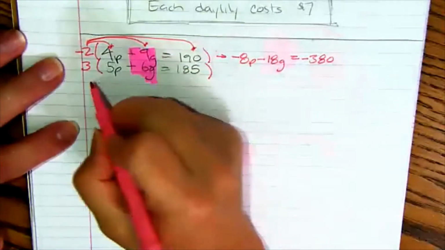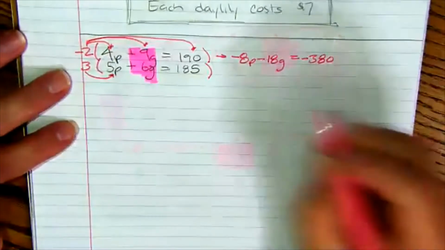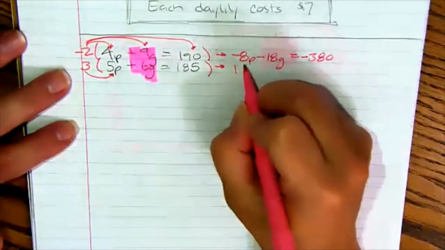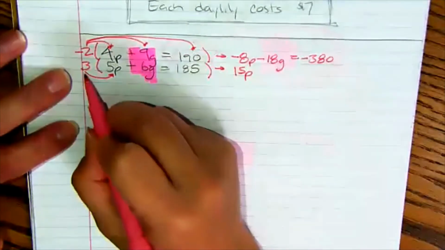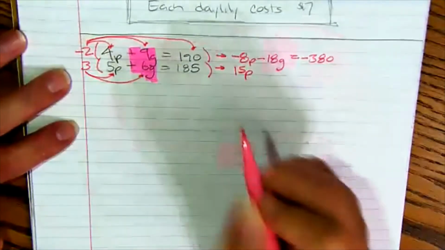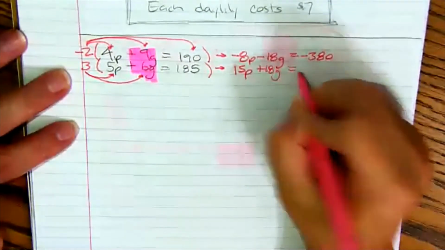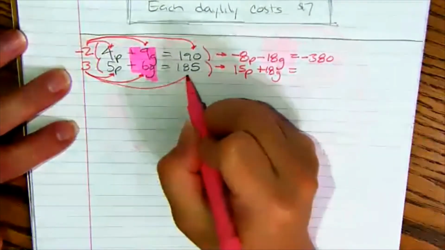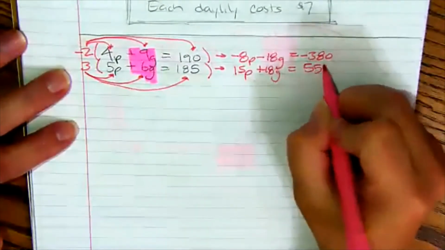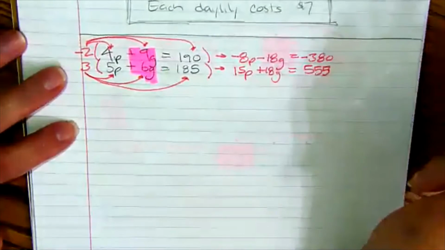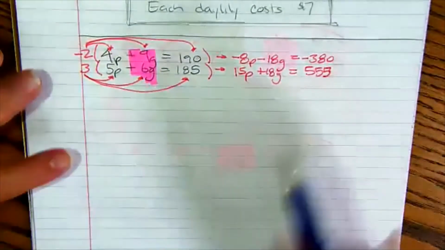Now let's do our bottom equation. 3 times 5p equals 15p. 3 times 6g equals 18g. And 3 times 185 equals 555.